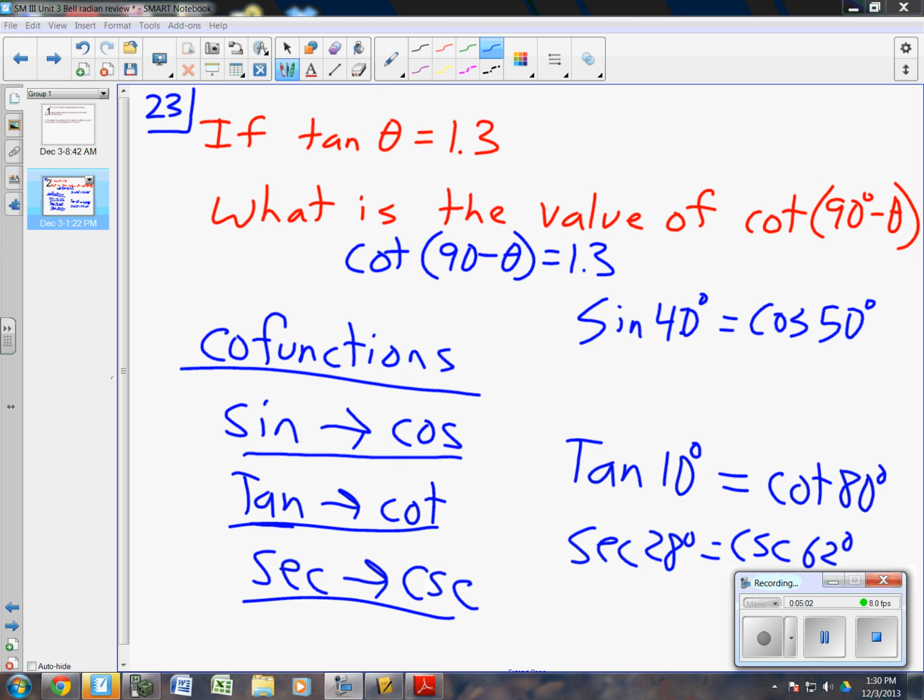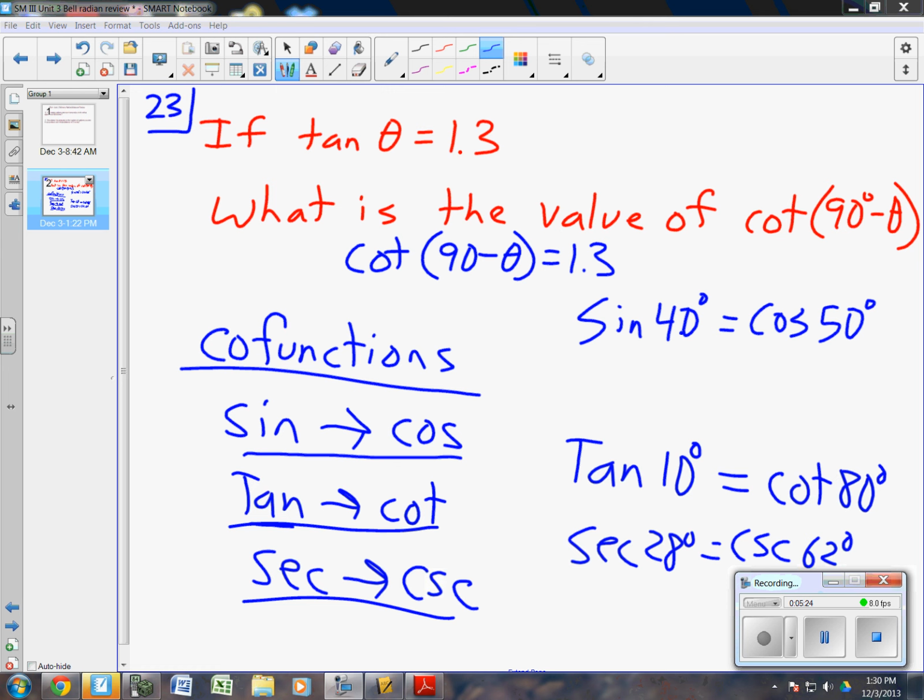If I said this was tangent 10, isn't 90 minus 10 equal to 80? Yeah, and that's what it's saying right here. Whatever angle's right here, if it was 15 degrees, 90 minus 15 would be 75, and 75 and 15 make 90.